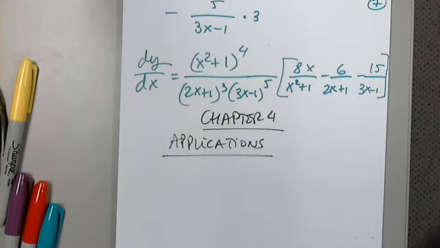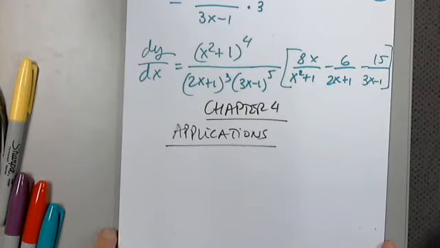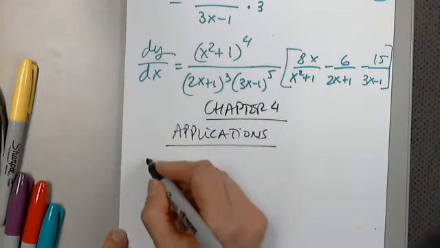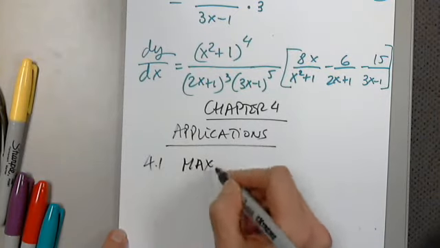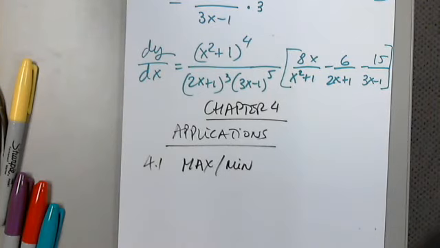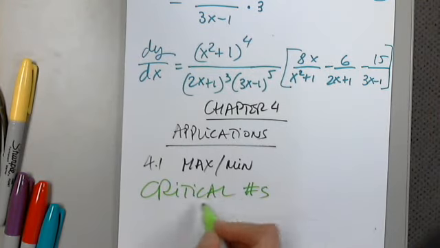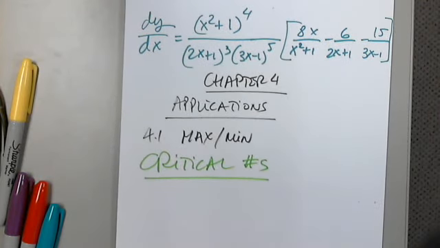Okay. So the first thing that I would like to look at is max-min. So that's 4.1, max-min. The first thing that I would like to discuss with you is what it's called critical number, or critical numbers.